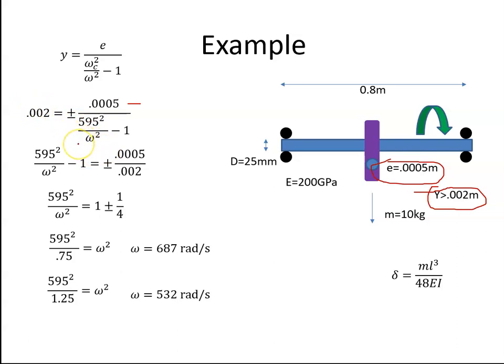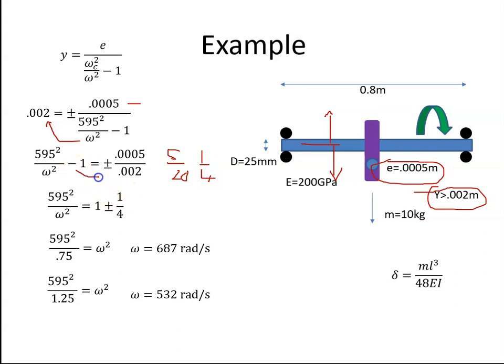So I'm just going to bring this up here, and we have 595 squared over omega squared minus 1 is equal to plus or minus. This deflection y can be in that direction, or it can be in this direction, so we're just using plus or minus. And 0.0005 over 0.002 is the same as 5 over 20, which is the same as 1 over 4.